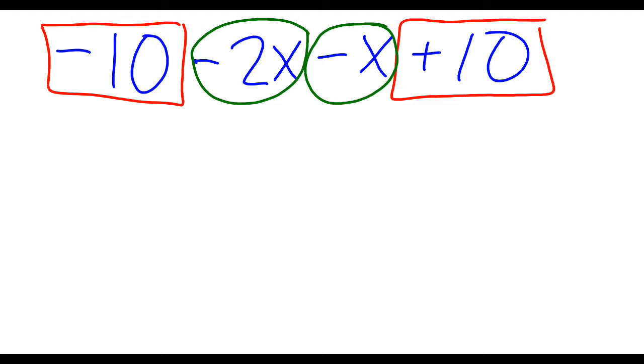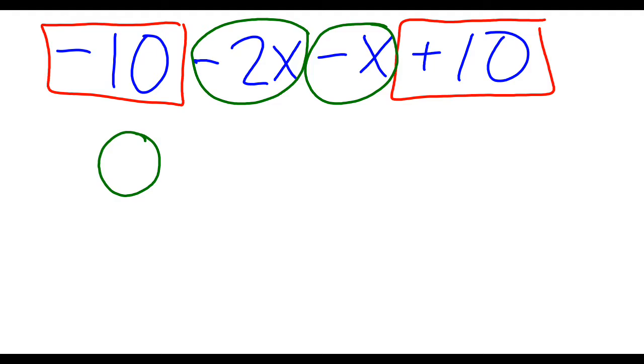Now I'm ready to put things together. So I'm going to put negative 10 and positive 10 together. Well, negative 10 and positive 10, that's going to be 0. I can put the 0 there, or I can simply just leave it blank.